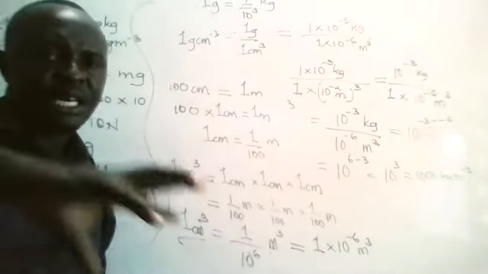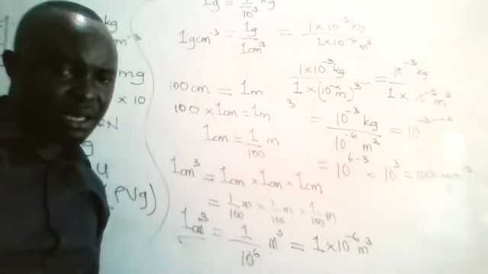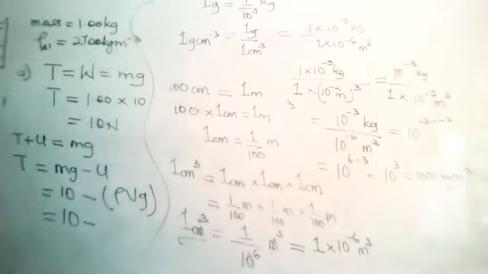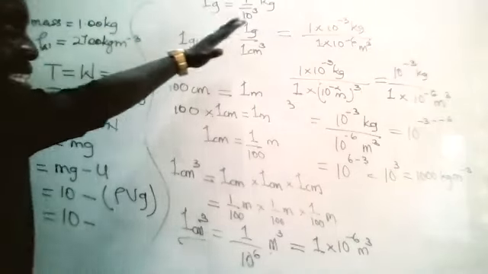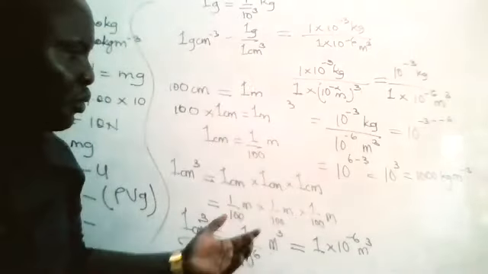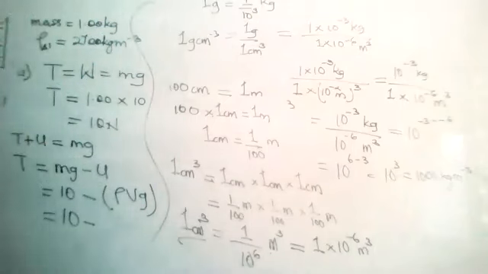So that's the trick in this conversion. Are we okay? So when you are able to master this systematic way of doing it, whichever question you are given, you can be able to maneuver your way out, right?